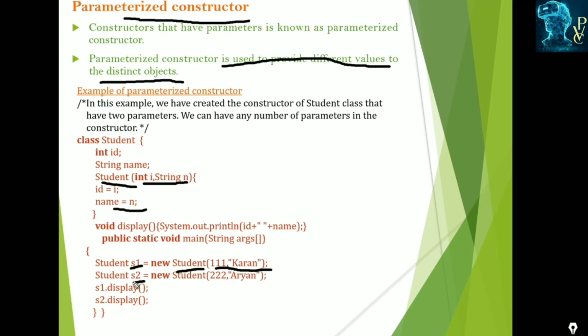And s2 is another object which has the id 222 and the name Aryan. When we call s1.display, it displays its id and name, and s2.display displays its id and name.